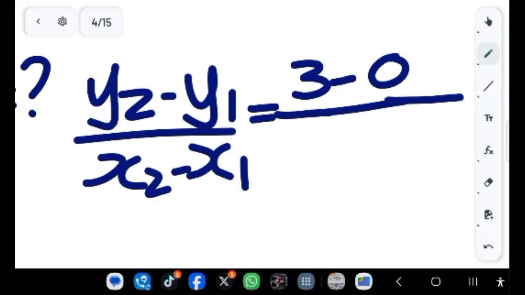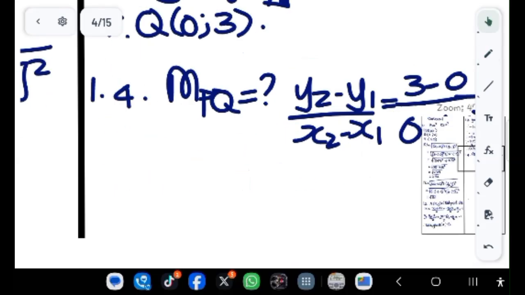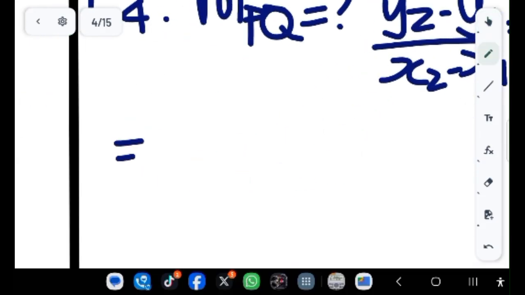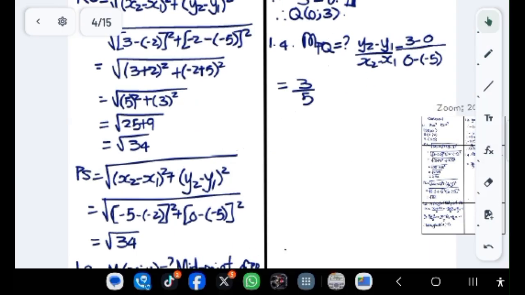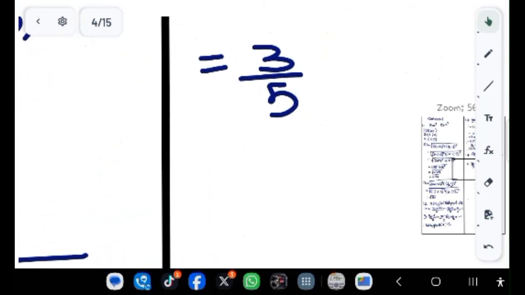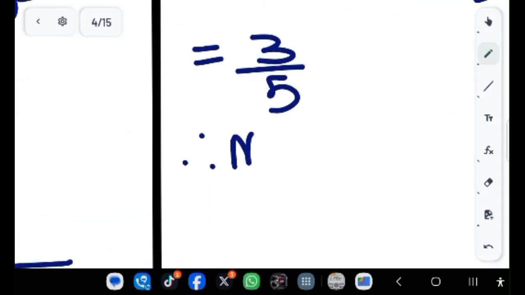That equals 3 over 5, and that's the gradient of PQ. Therefore, the gradient of PQ equals 3 over 5.